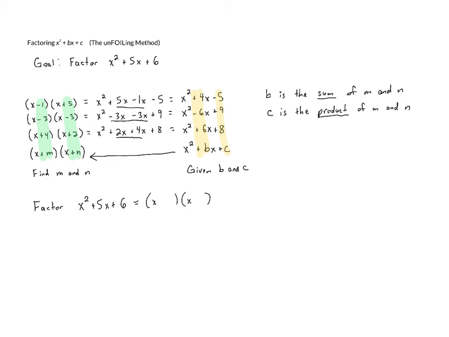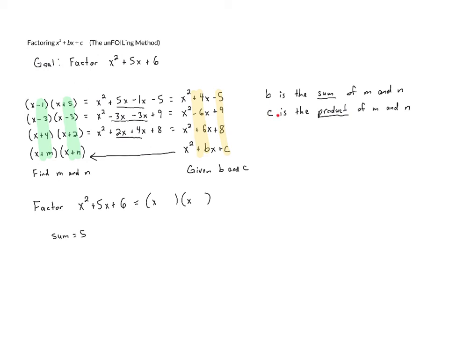But we are detectives and we have two clues to help us figure this out. We know that B is the sum of M and N. In this case, B is 5, so we're looking for two numbers that have a sum equal to 5.